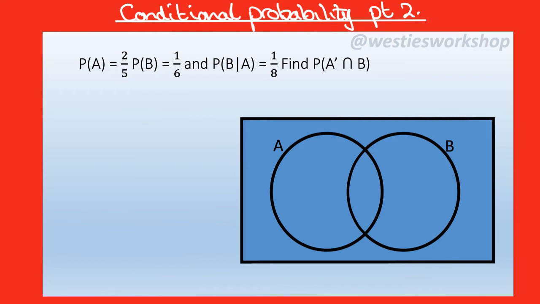You are told that the probability of A is 2/5, the probability of B is 1/6, and the probability of B given A is 1/8. Find the probability of not A intersection B, which is that part.